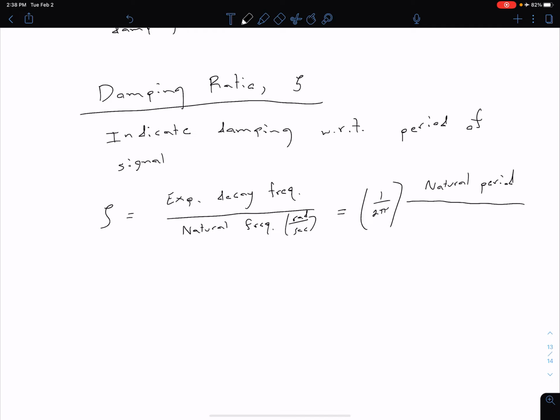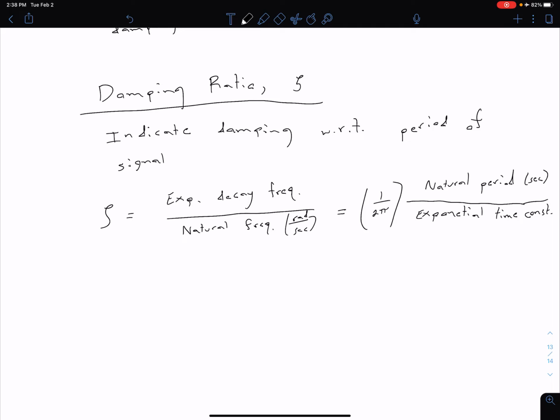So natural period in seconds, and then in the denominator, we know that our exponential decay frequency is the inverse of our exponential time constant. Either of those representations for our zeta are fine.